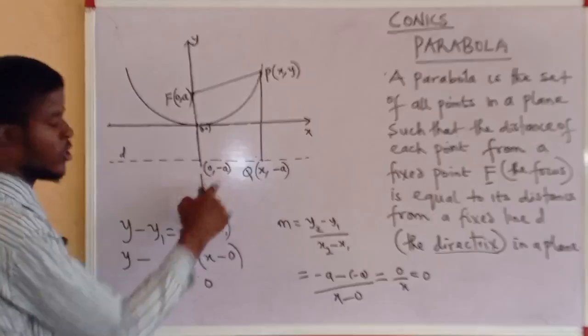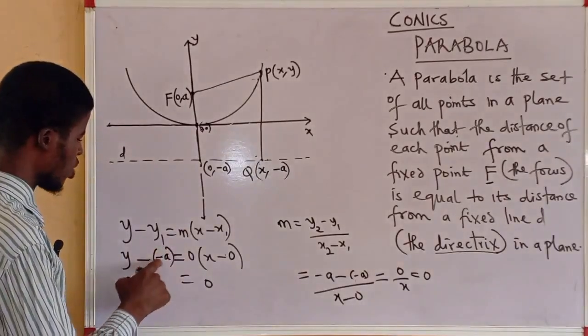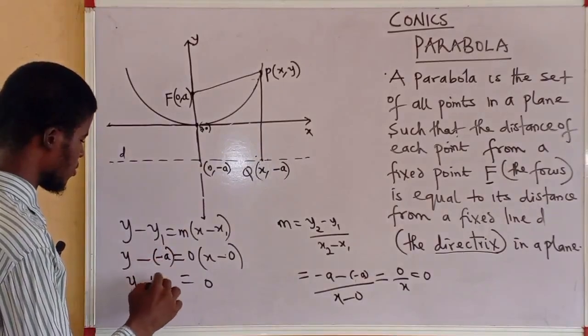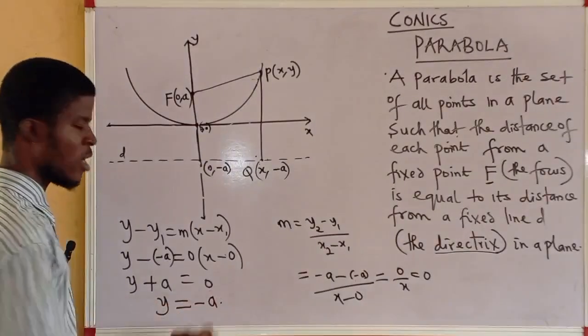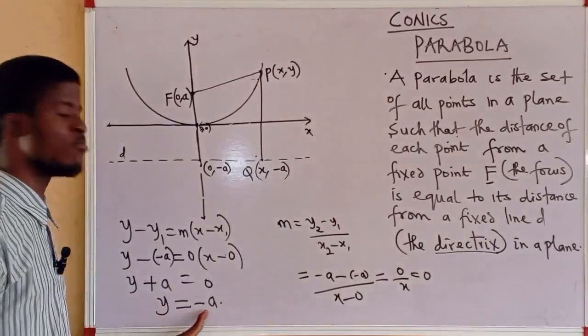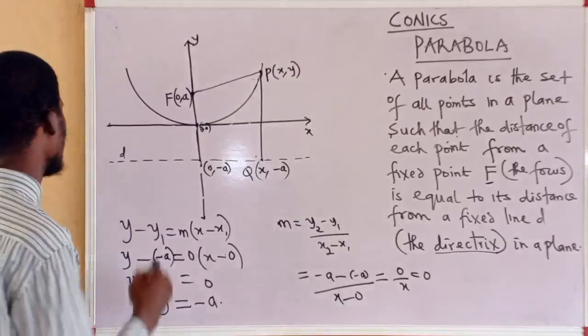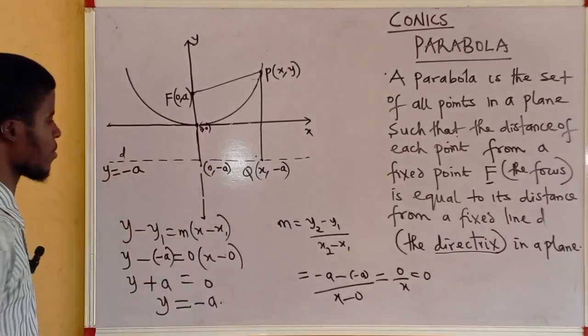This is y1, minus a. So we're having y minus a... is a plus. So if we make y the subject of the formula, y is equal to minus a. So the equation of the directrix is y equals minus a. So I can put it here, y equals minus a.